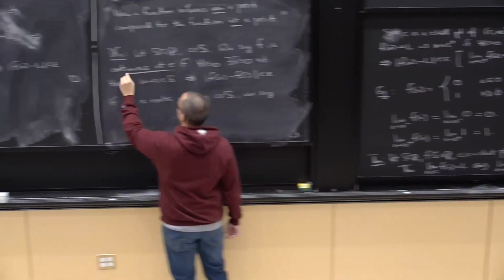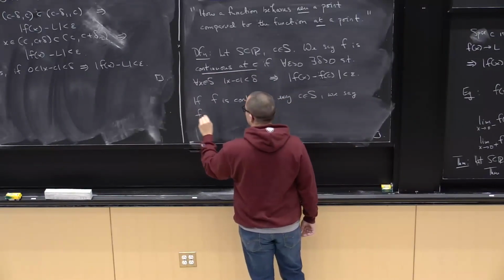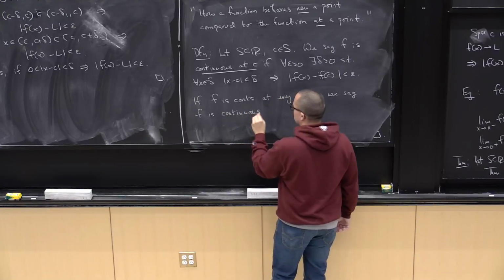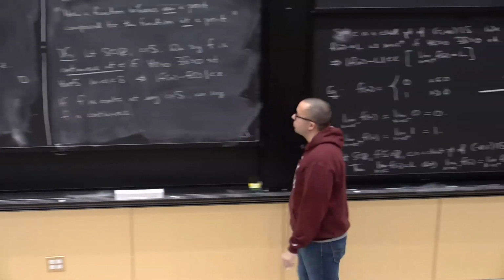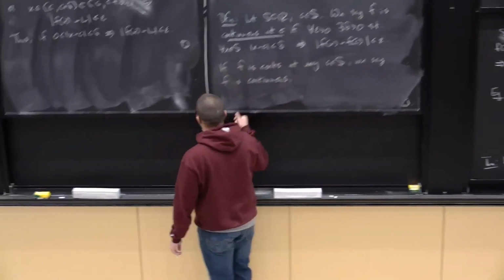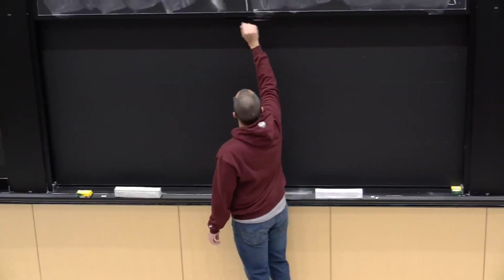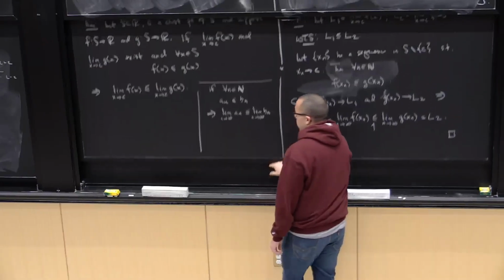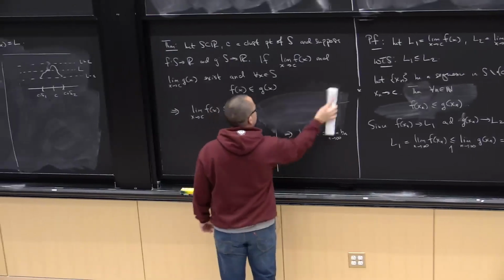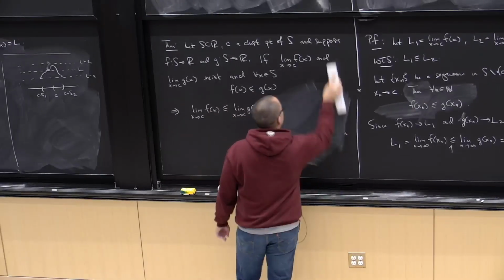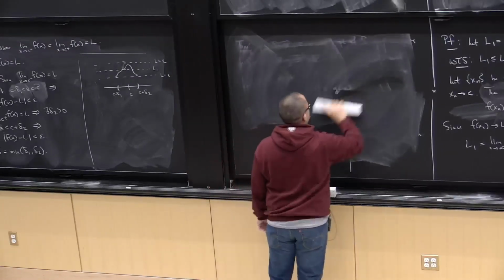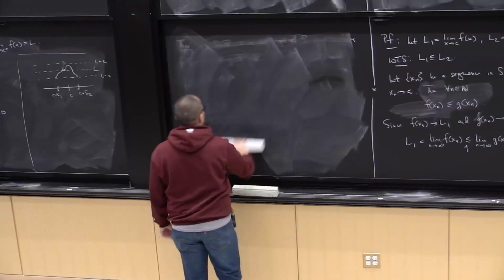So for a function to be continuous at a point, x being near c should mean that f(x) should be near f(c). Okay?